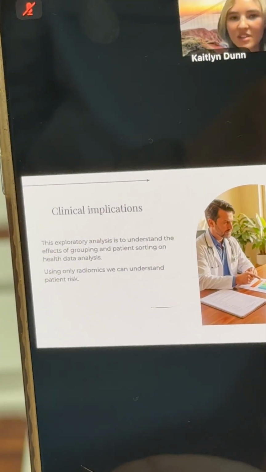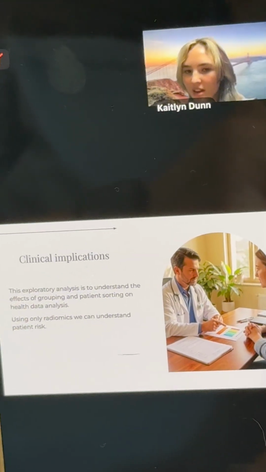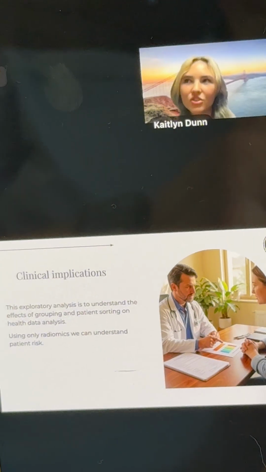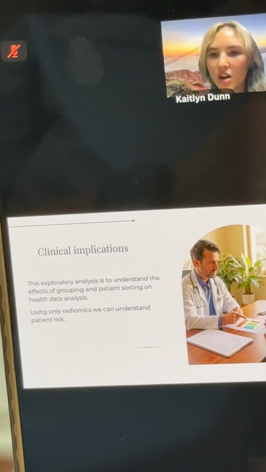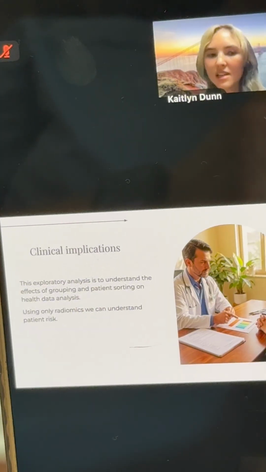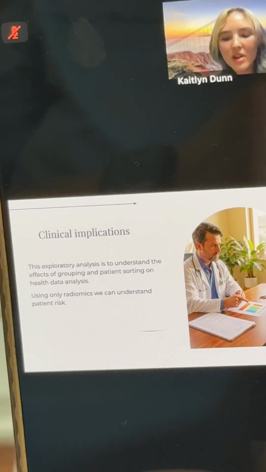It is interesting to use radiomics alone to understand patient risk, and using just CT images, there may be better prognostic techniques that can be used using this risk evaluation.